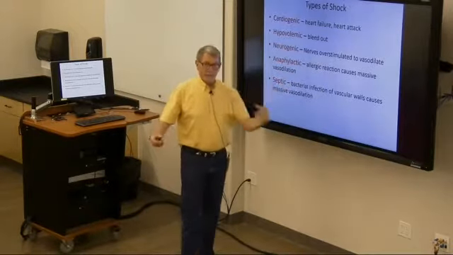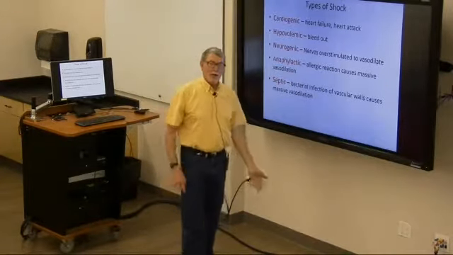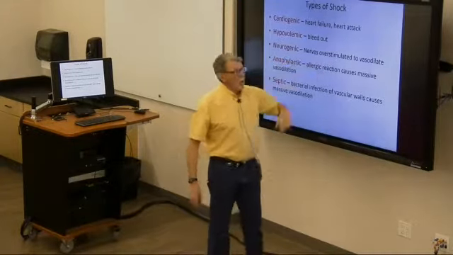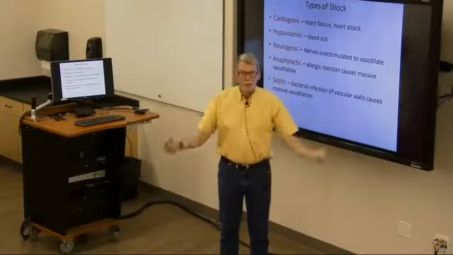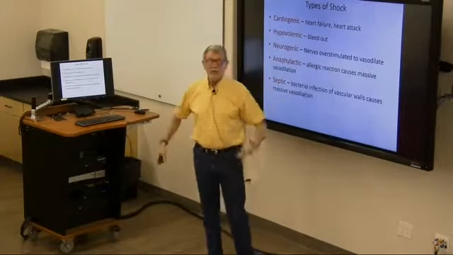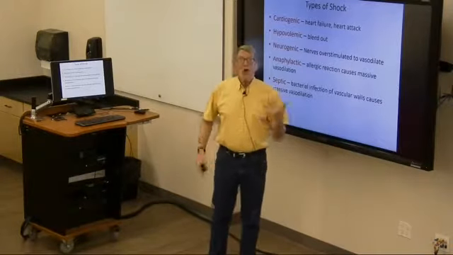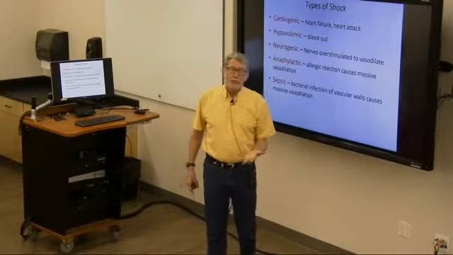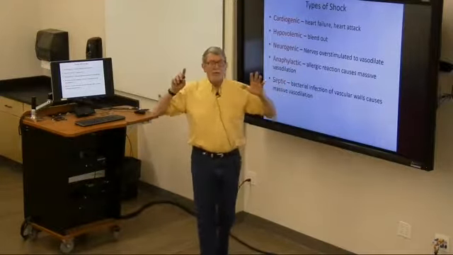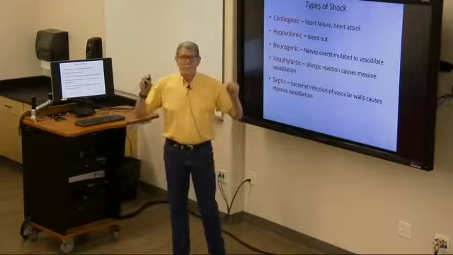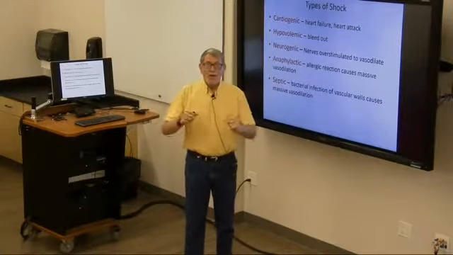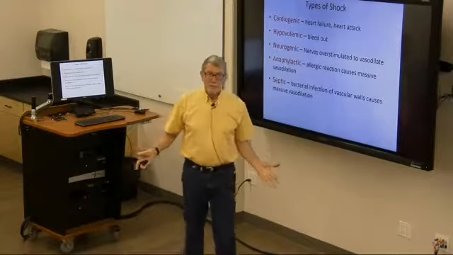Hypovolemic, not enough blood. You just bled out on the ground. Neurogenic. The nerves overstimulate the vasodilatory response. It happens if you're in a car accident and your nervous system is overstimulated in a monster attempt to solve the problem, and it causes a dilation.